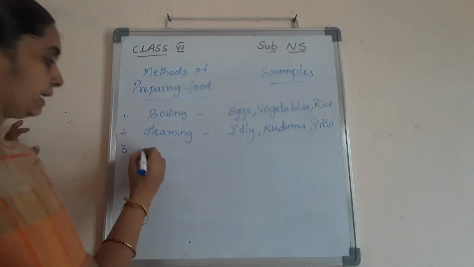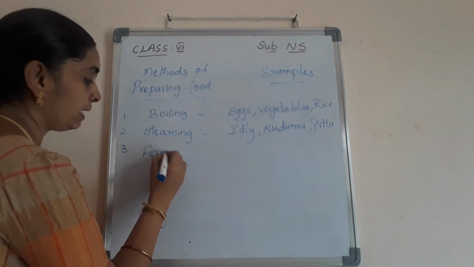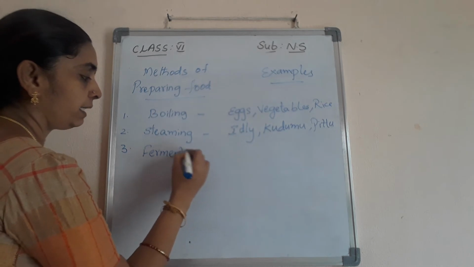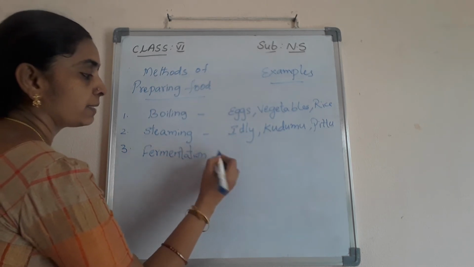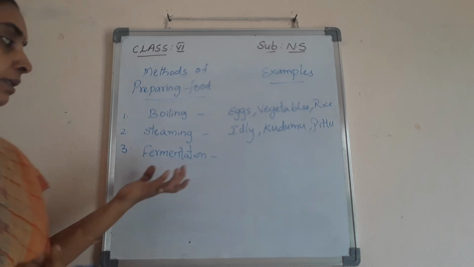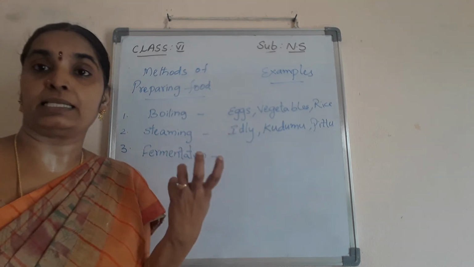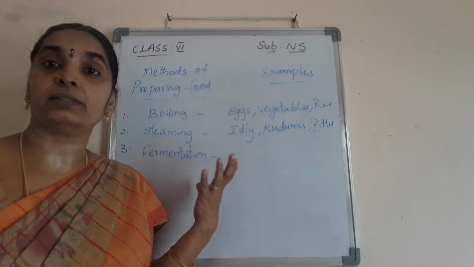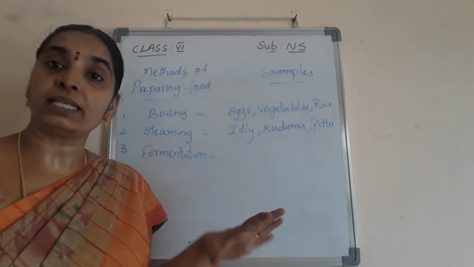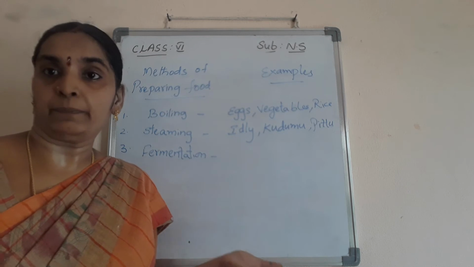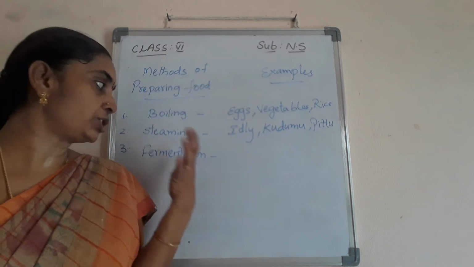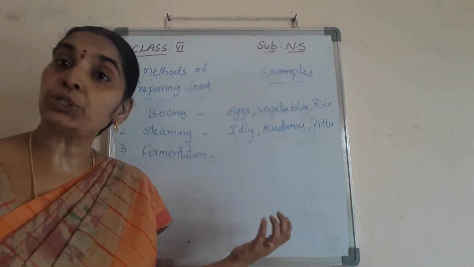Next, fermentation. What do you mean by fermentation? Fermenting means the action of the lactic acid bacillus, the bacteria, takes place if it is previously done. Is it clear? Fermentation is also done for the preparation of wine.